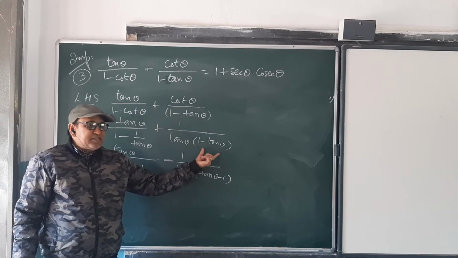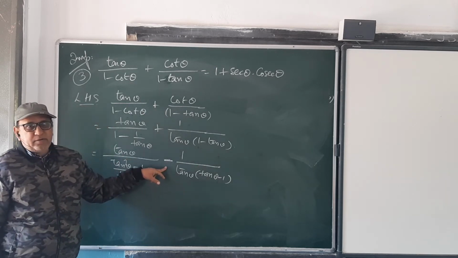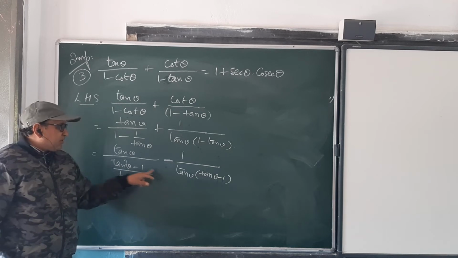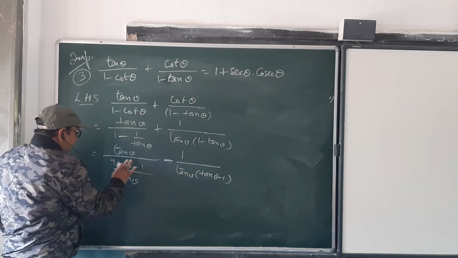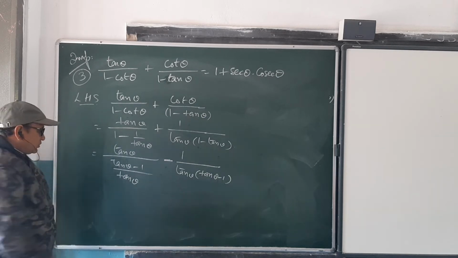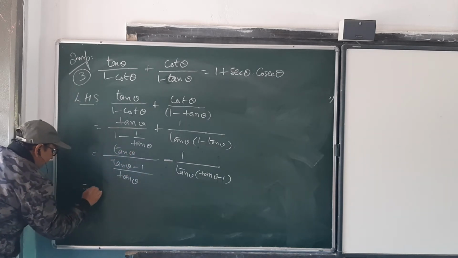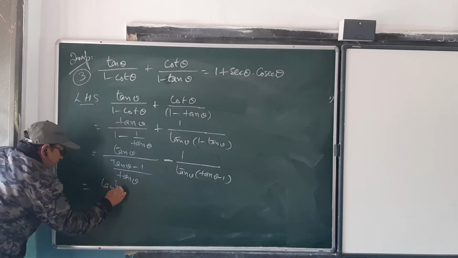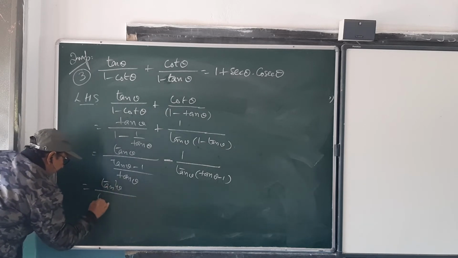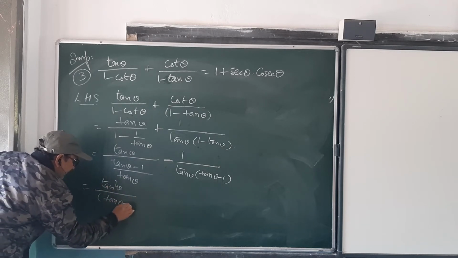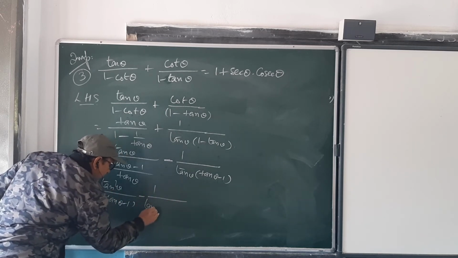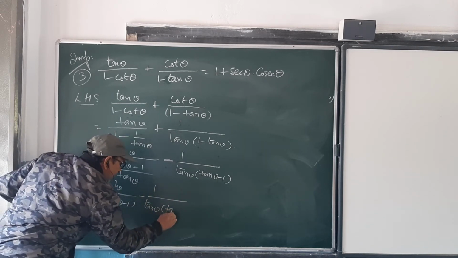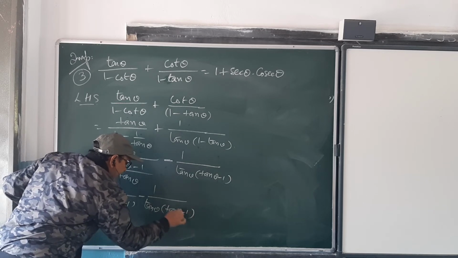I have taken minus as common and marked the minus sign here. So tan theta into tan theta becomes tan square theta upon tan theta minus 1. Same thing here, 1 upon tan theta into tan theta minus 1.